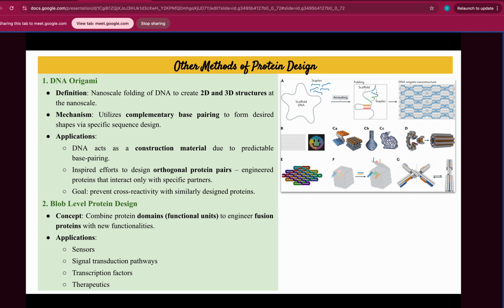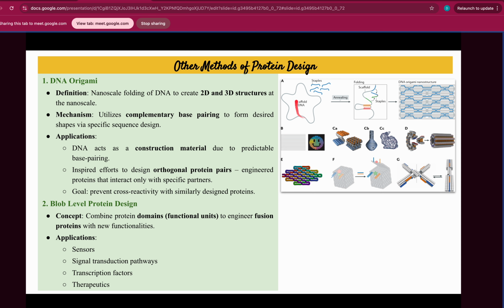And then other methods are like DNA origami, in which we use DNA to make different three-dimensional structures, and the main mechanism responsible for this is complementary base pairing, because in DNA we know that the base pairing is complementary and very specific. That means adenine will only pair with thymine and cytosine will only pair with guanine. That hydrogen bonding is very specific, so we know which bases can connect to one another.